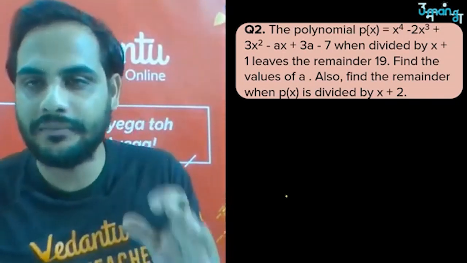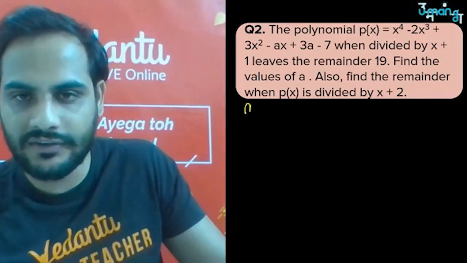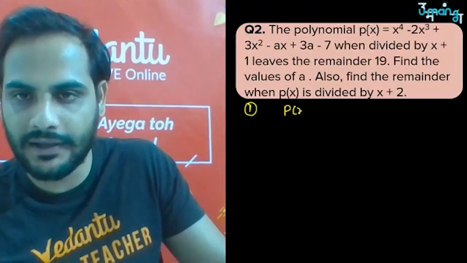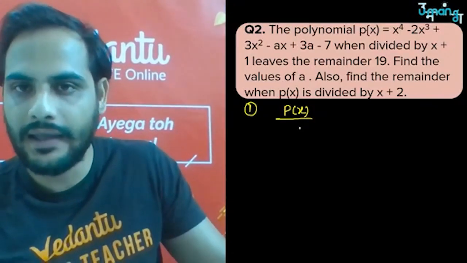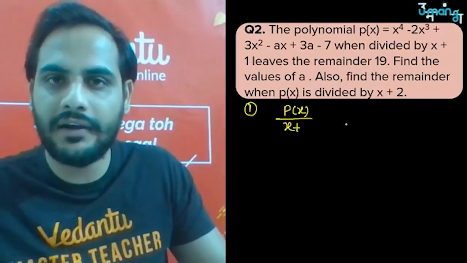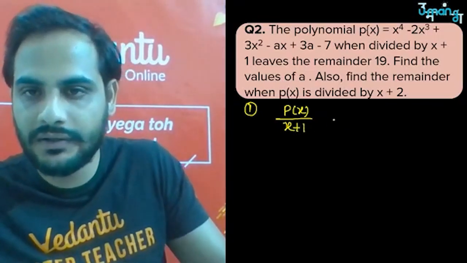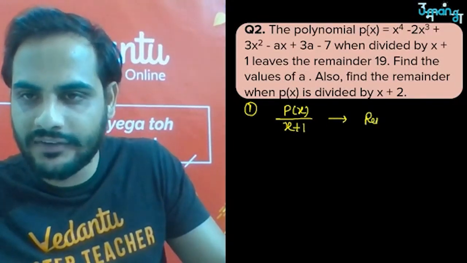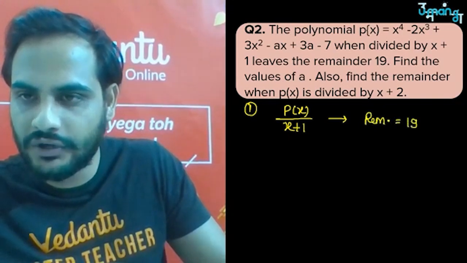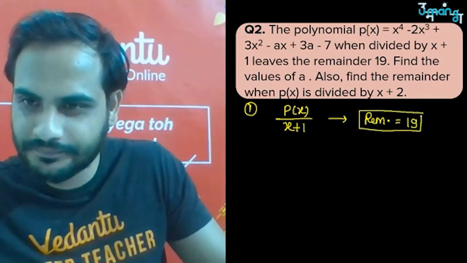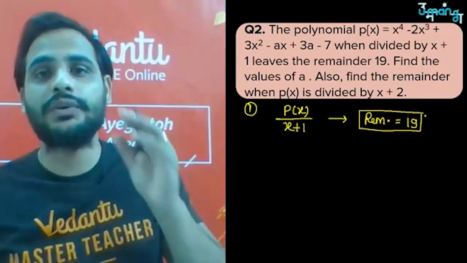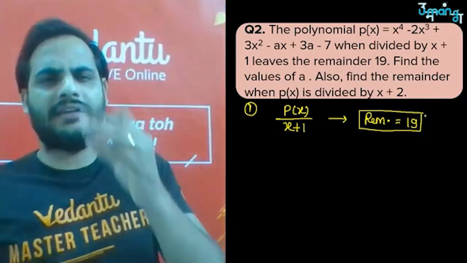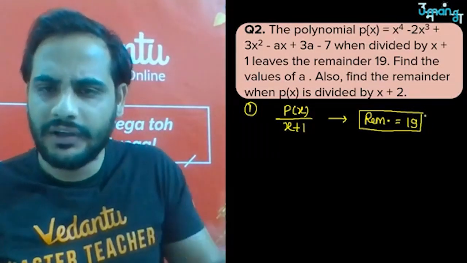So case 1, what this case 1 is telling, that when you divide this polynomial p(x) by x plus 1, we don't know what is the quotient, but they are saying that the remainder is equal to 19, right? So I will use remainder theorem.